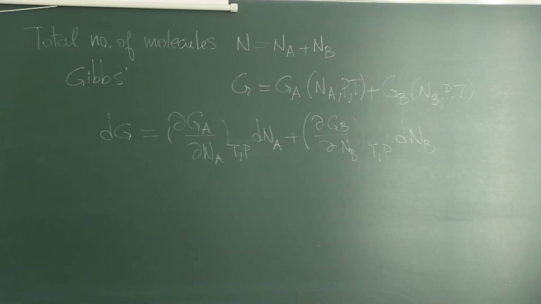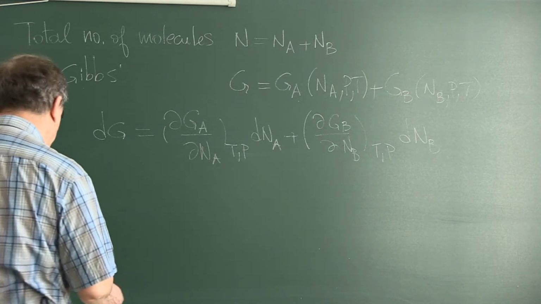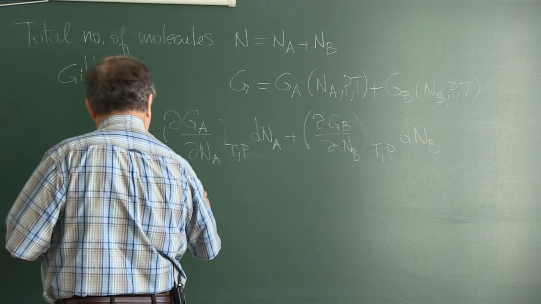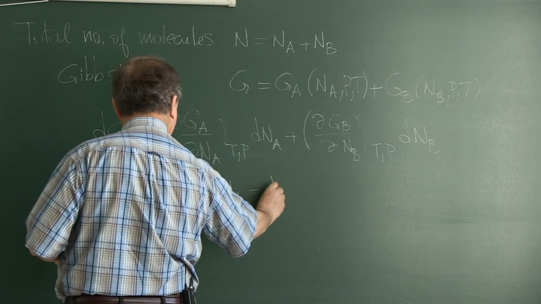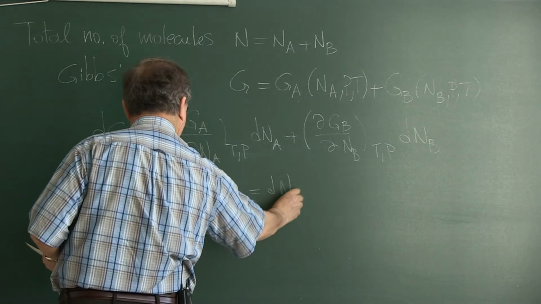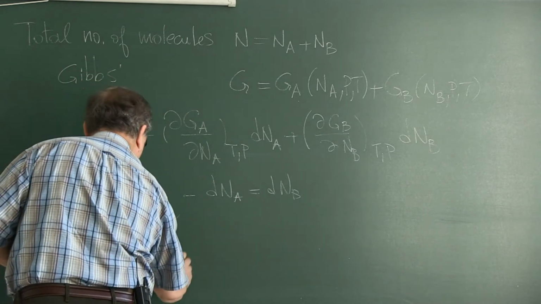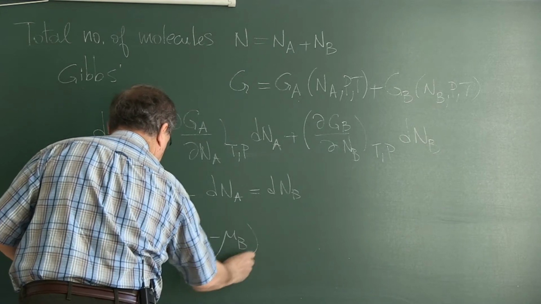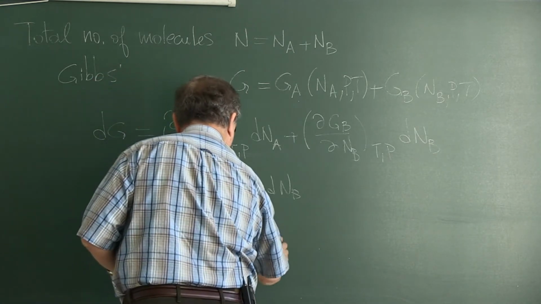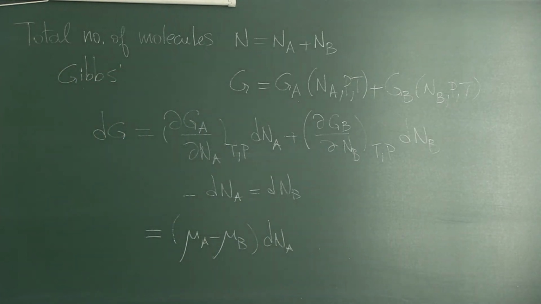It will go from one phase to another. As one is decreasing, the other one will be increasing. So minus dNA is dNB, for example. Using this, you can rewrite dG as (mu A minus mu B) dNA. Isn't it?